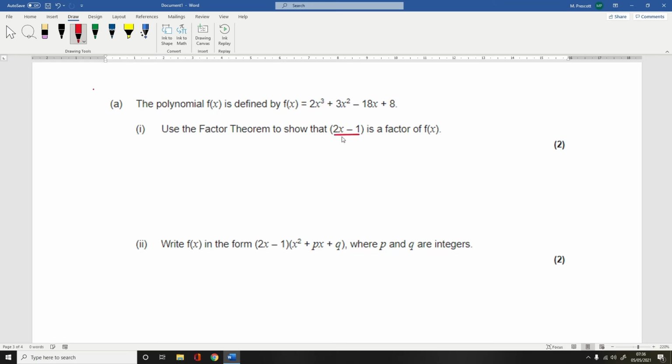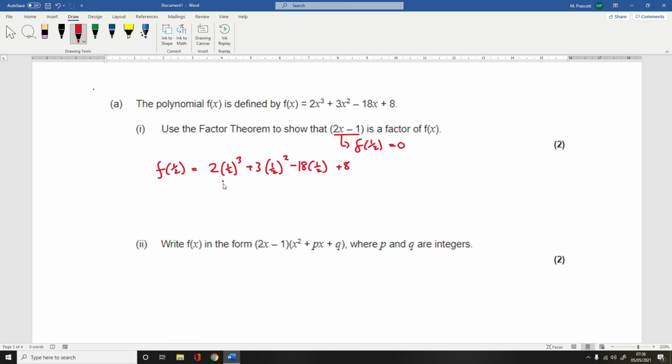If this is a factor, that means that f of a half equals 0, because that's what would make that bracket 0. So f of a half would be 2 lots of a half cubed plus 3 lots of a half squared minus 18 lots of a half plus 8.